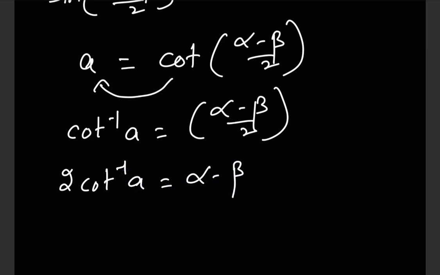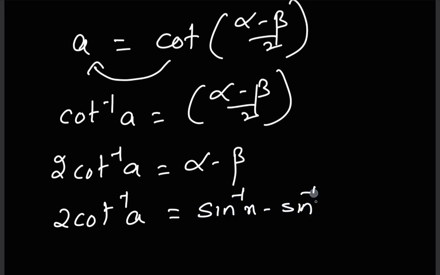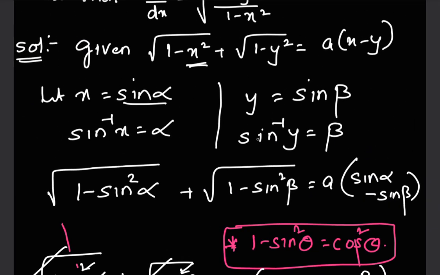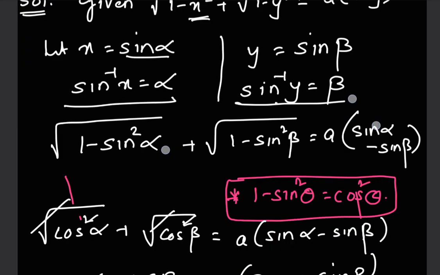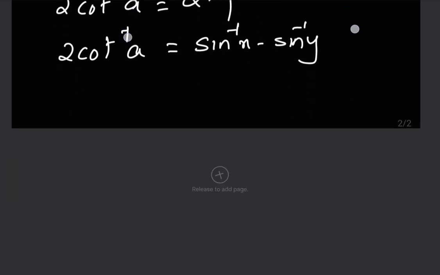Now in the starting only we have seen what is alpha and what is beta. What is alpha? It is sine inverse x, and beta is sine inverse y. We got this from the starting part. Sine inverse x is alpha and sine inverse y is beta. So instead of alpha and beta, we are going to write sine inverse x and sine inverse y.